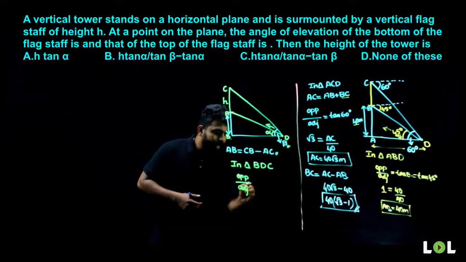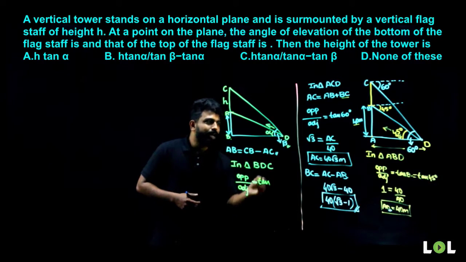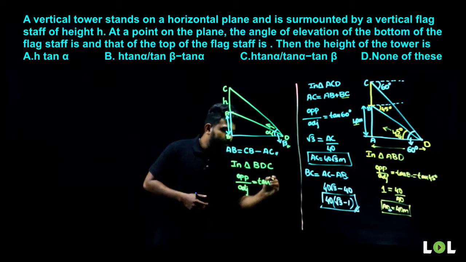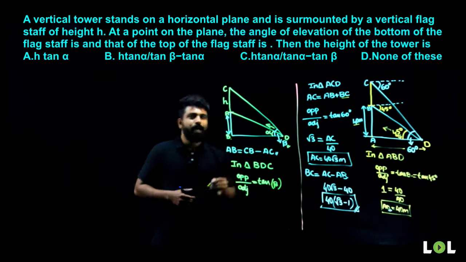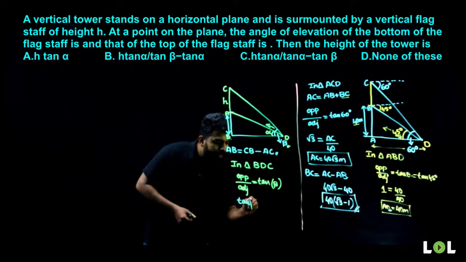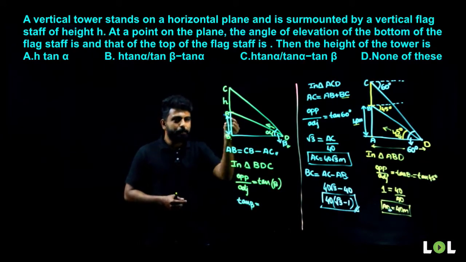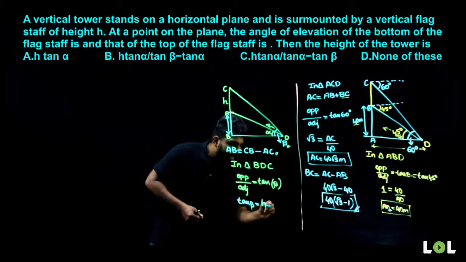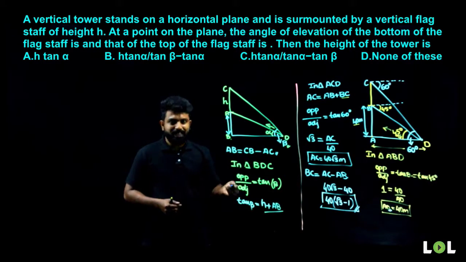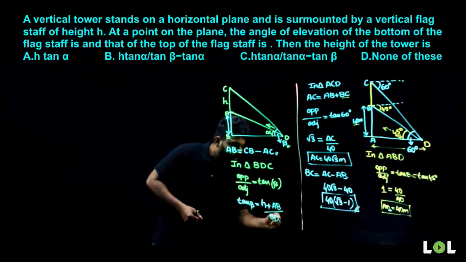So opposite by adjacent will be equal to tan theta. What is the value of theta here? Theta is nothing but beta, so I take tan of beta. Tan beta will be equal to opposite by adjacent. Opposite is h plus AB, divided by the adjacent, BD.